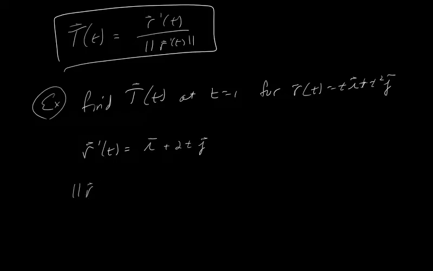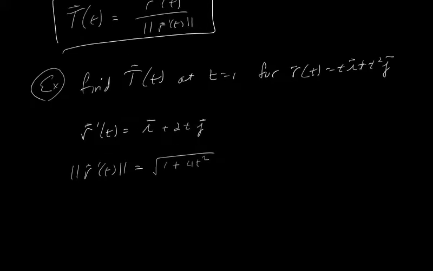So the magnitude of r prime of t is going to be equal to the square root of 1 plus 4t squared. So then the tangent vector is just going to be equal to i plus 2t j divided by the square root of 1 plus 4t squared.